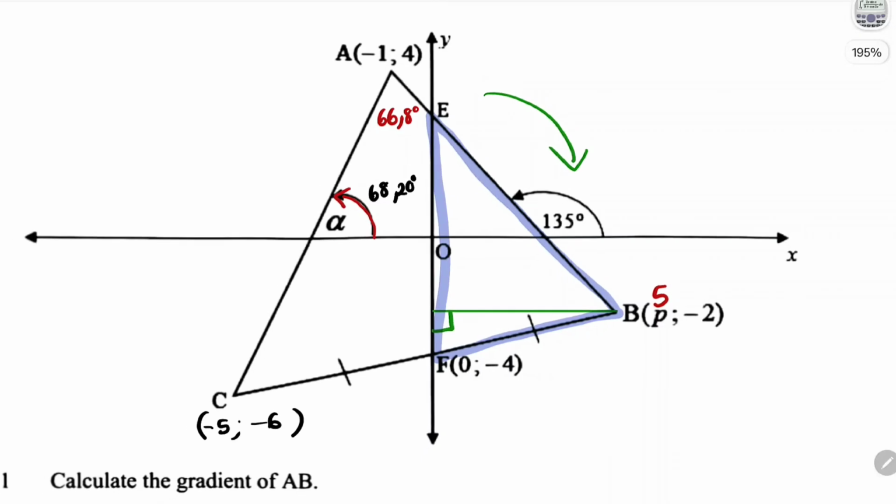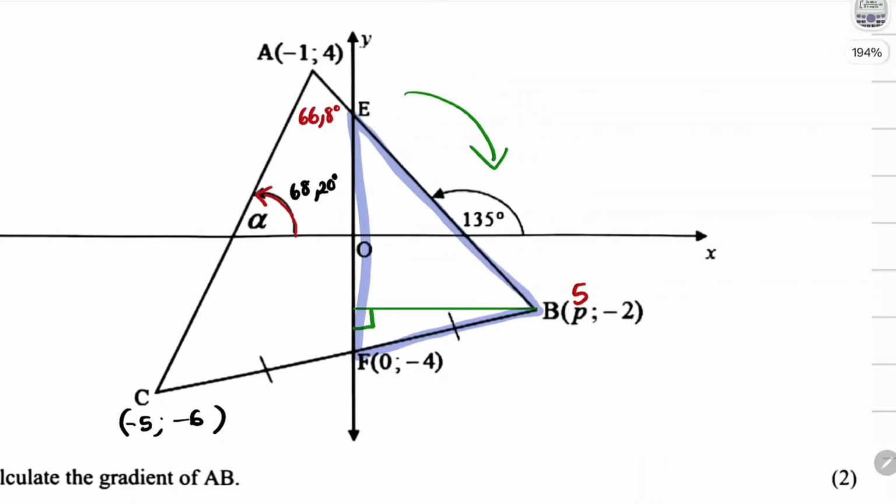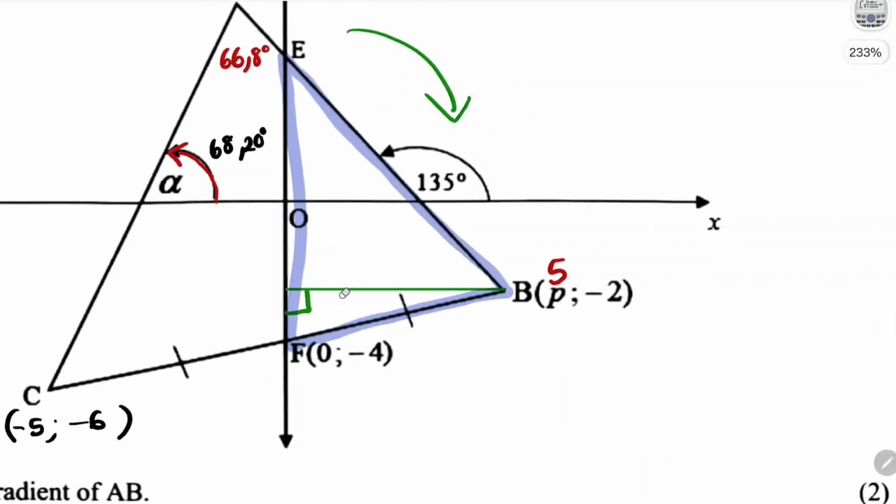Now, for us to use it like that, we need to ensure that we take the correct height. Because B is the highest point and it's (5; -2), from the y-axis you went exactly 5 units to the right to get to B. So this perpendicular height is exactly 5 units.